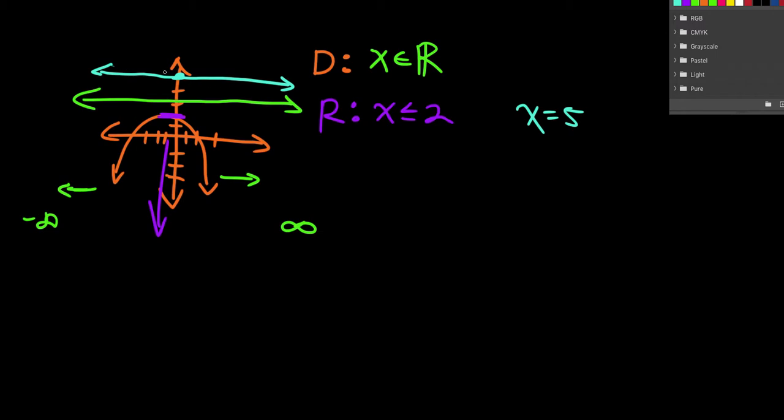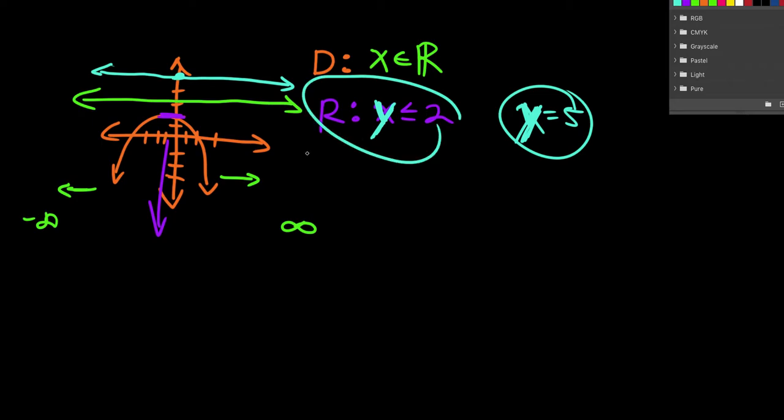Well, the answer is no, because our parabola only goes up to 2, so it's only valid for y values less than or equal to 2. There's nothing on this line right here that's contained on our parabola, and so that's why this defines our range.